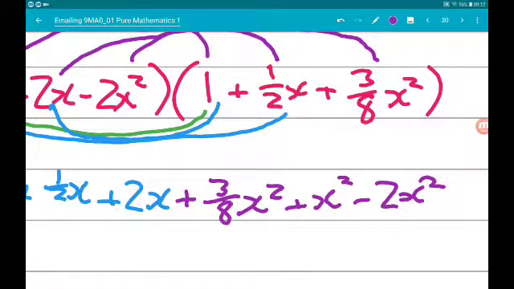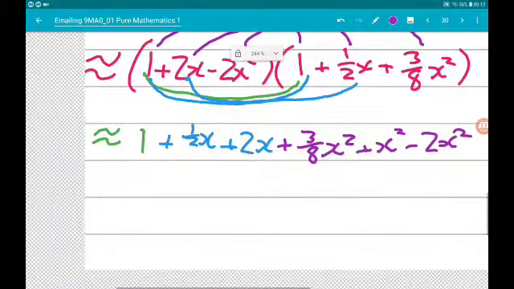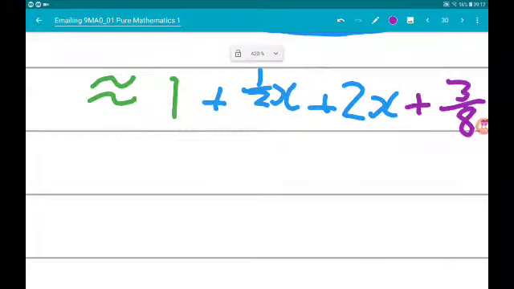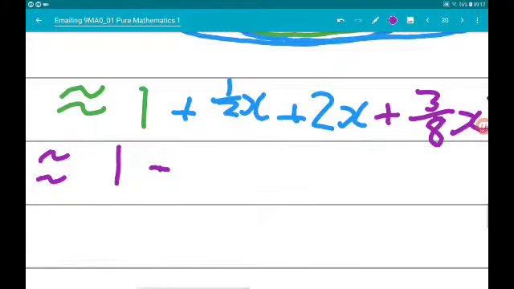That's it for all of the x squared terms. So let's sharpen this up. So we got 1 add, now a half x add 2x, or 2x is 4 halves x, so that's 5 halves x.